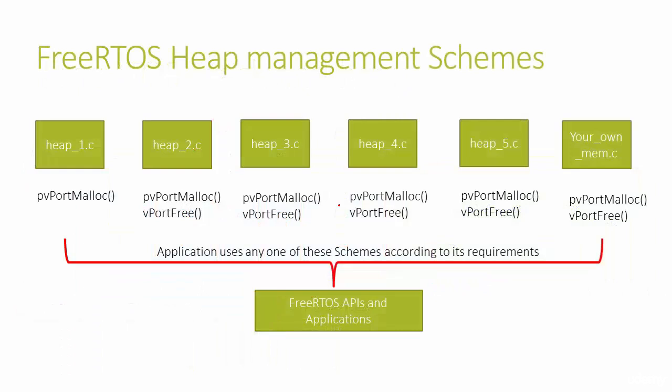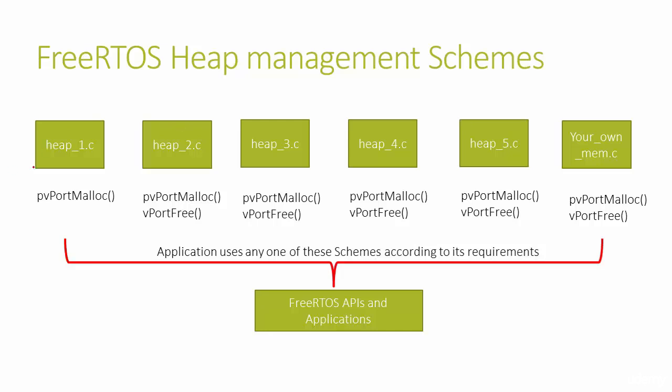In FreeRTOS, there are 5 different heap management implementations, that we call FreeRTOS heap management schemes. There are 5 different C files. All these files implement different ways of managing the heap, or you can say these are 5 different algorithms, and each implementation has its own advantages and disadvantages.